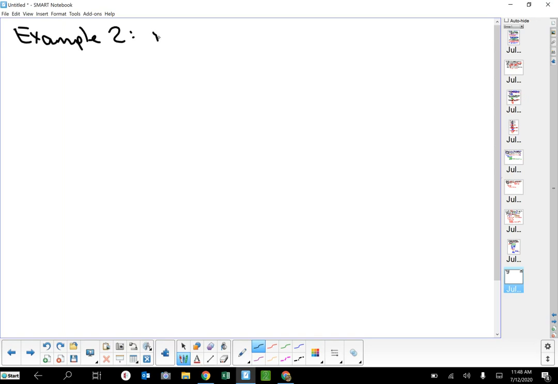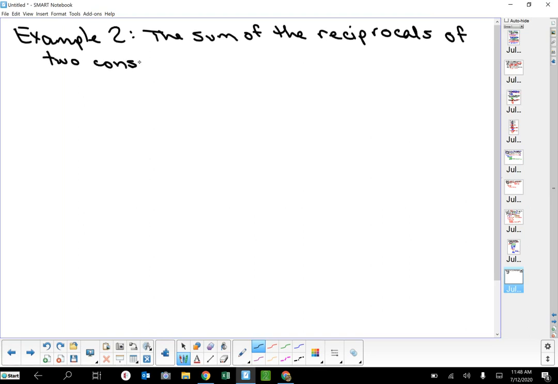The sum of the reciprocals of two consecutive integers is 19/90ths. Find the numbers.